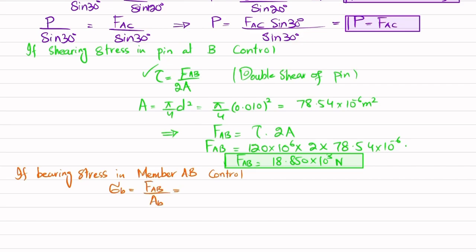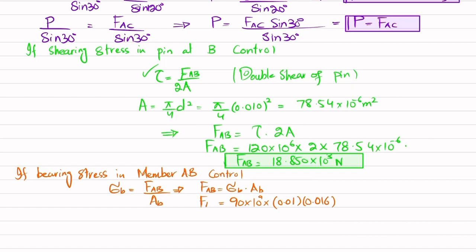So FAB, we are interested to find out FAB. So FAB will be equal to bearing stress into AB. Bearing stress is 90 megapascal, 90 into 10 raised to power 6, into AB, which is D into T. So diameter is 0.01 and thickness is given as 16 millimeter, which is 0.016.